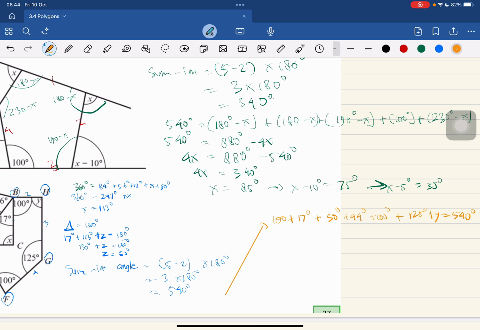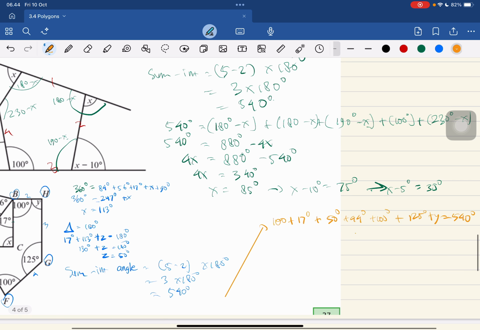First, let us add: 100 plus 17 plus 50 plus 44, 100, and the last 125. This gives us 436 degrees plus y equals 540 degrees. So y is 540 minus 436, which is 104 degrees.